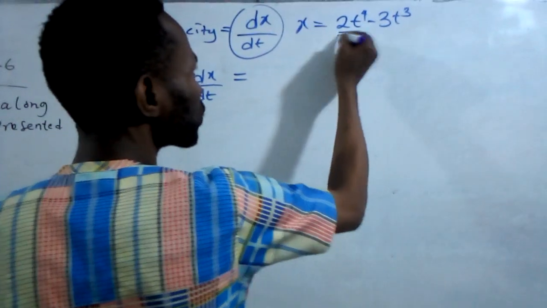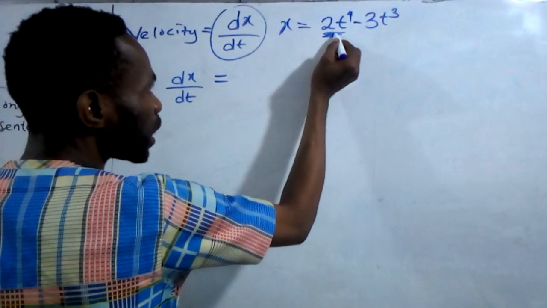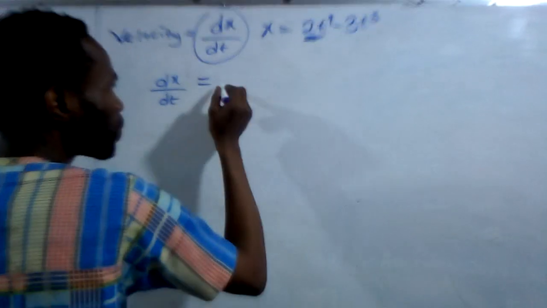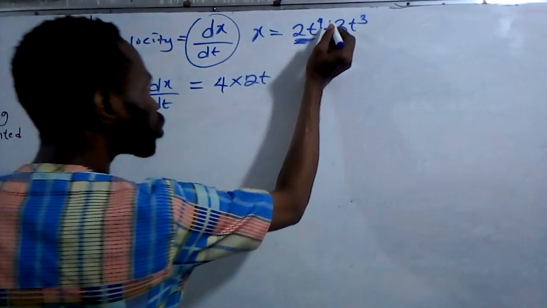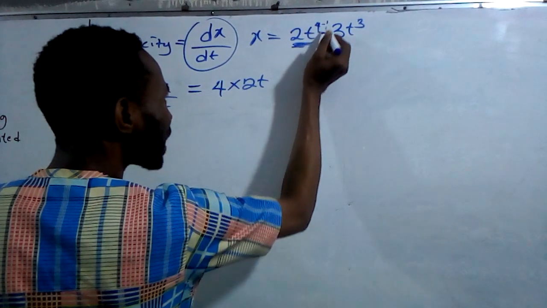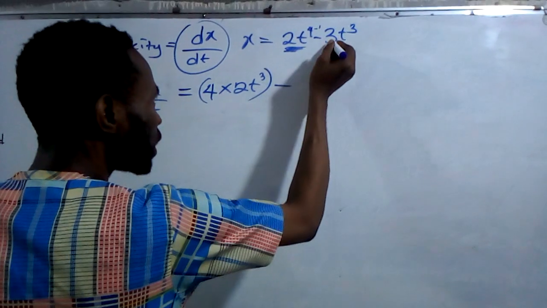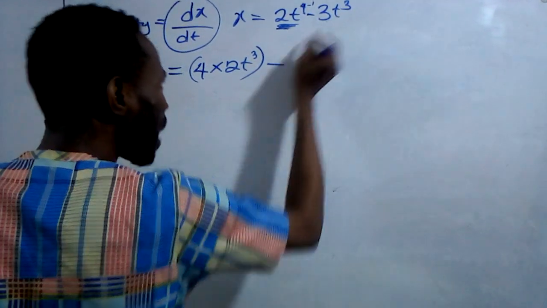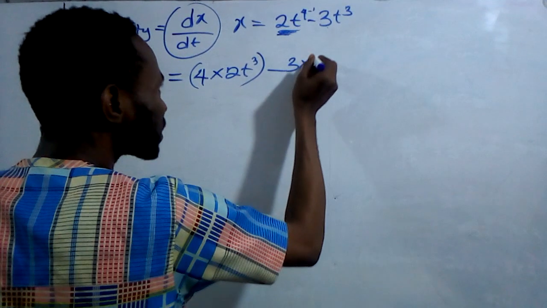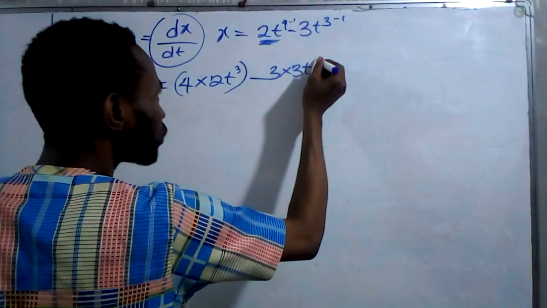Now, to differentiate this variable, you multiply the variable with the power 4. So it becomes 4 times 2t, then you subtract 1 from the power, and that will be 3. Minus, the same thing, you multiply the variable with the power, which is 3 times 3, then we have t, and you subtract 1 from the power, which gives us 2.